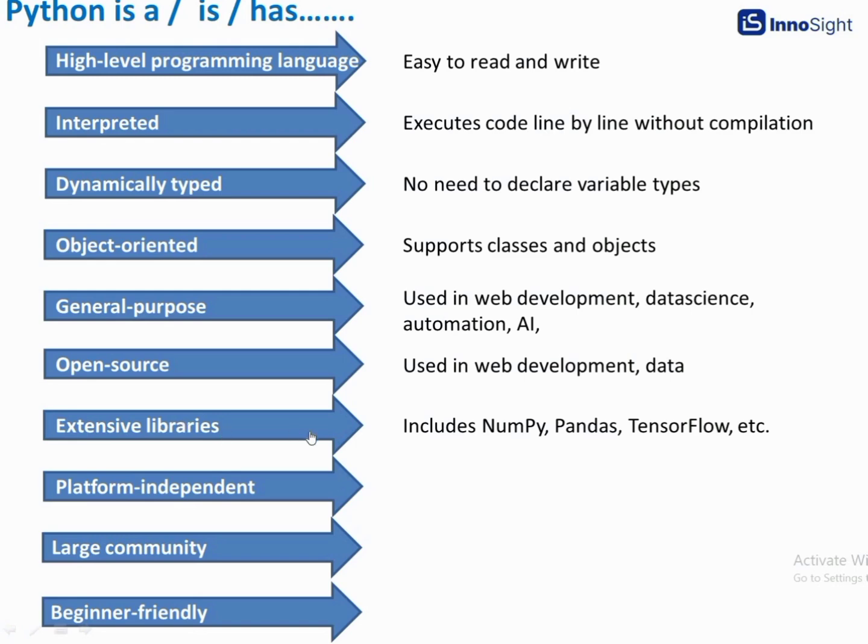NumPy is a library that is used for numerical analysis and calculation, for example dealing with arrays, one-dimensional, two-dimensional, or multi-dimensional arrays, or changing the structure of data from one dimension to another. So NumPy means numerical Python. And we also have Pandas, which is also a library in Python, used for data manipulation.